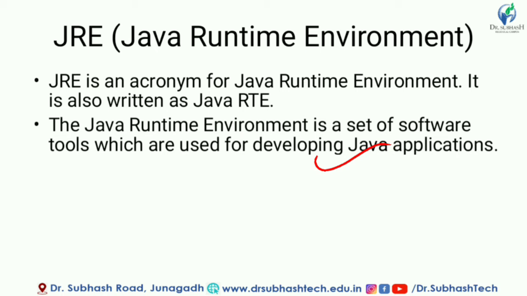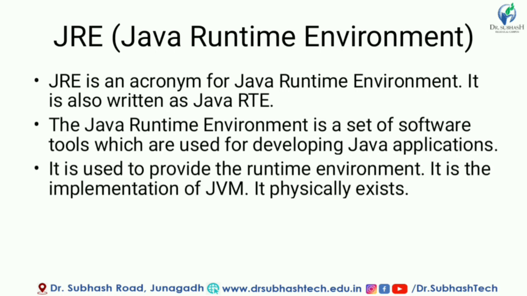This contains some software tools which will be helpful for running the Java application. It is used to provide the runtime environment, and it is the implementation of JVM which physically exists, right? This JRE contains JVM, right? And that is why the program is executed just because of the JRE, right?